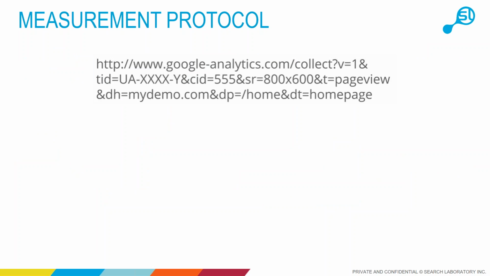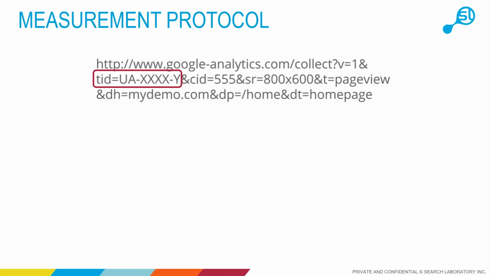So just to give a bit more detail on what the measurement protocol is, because it sounds very scary, and ultimately it's not. In simple terms, it's a URL that you dynamically construct and put certain parameters in. Most of you are probably familiar with this account ID, the UA-XXX-Y.